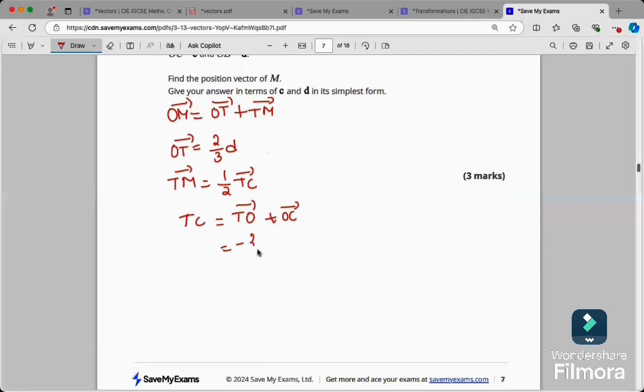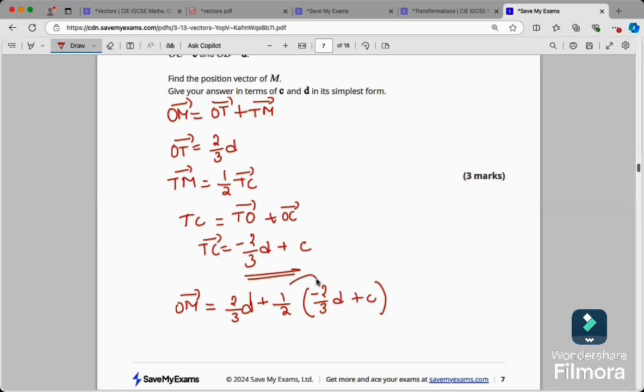So minus 2 by 3D plus OC, which is given as C. Therefore, OM, just substitute the values: OT, which is 2 by 3D, plus half of TC, the TC we just found, which is minus 2 by 3D plus C.